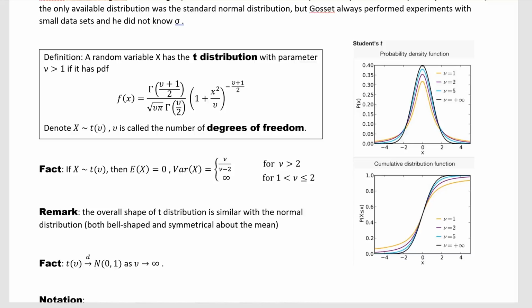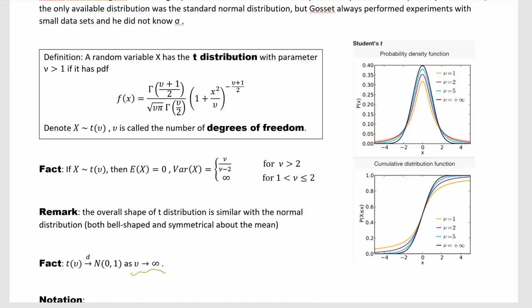You may have noticed the shape of the t-distribution. The overall shape is very similar to the normal distribution. Both are bell-shaped and symmetrical about the mean. Furthermore, when nu goes to infinity, when the degrees of freedom go to infinity, the t-distribution converges to the standard normal distribution. That's why you can see this picture.